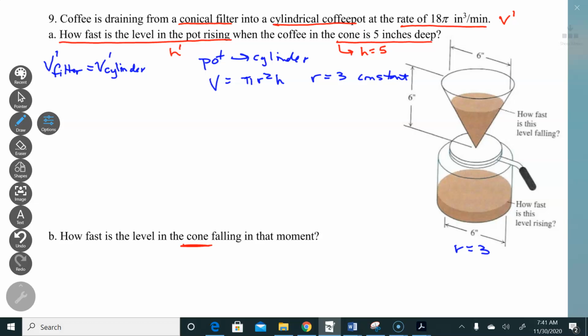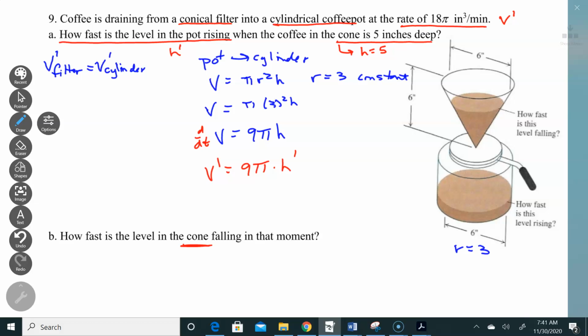The volume of a cylinder is pi r squared h. This radius is equal to 3, and it's constant for the coffee pot. It's never changing. So I could write the volume as pi times 3 squared times h, or my volume is 9 pi h. Well, I could take its derivative. I get V prime is equal to 9 pi times h prime.